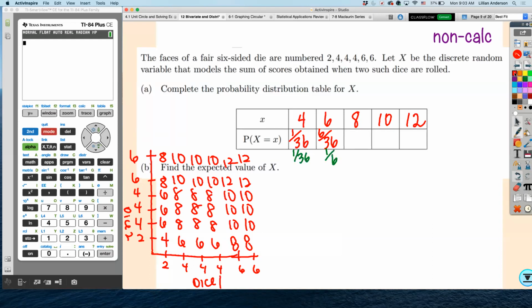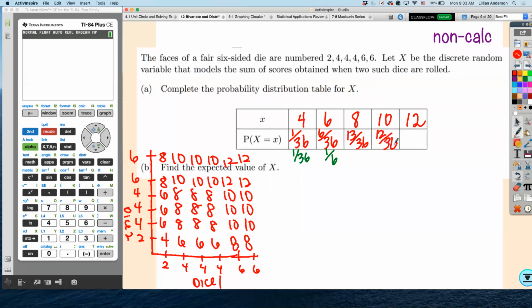How many times does 8 show up? 11? 13? Does that reduce? No, it doesn't. How many times does 10 show up?